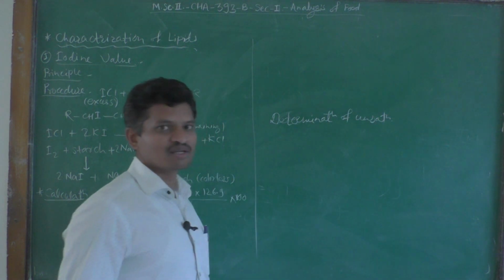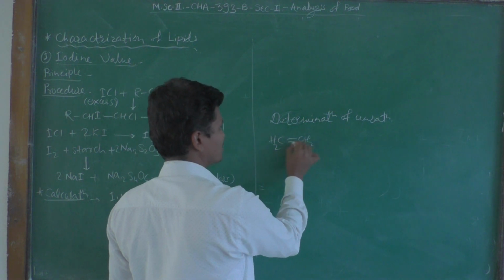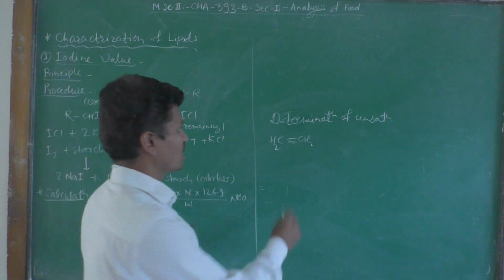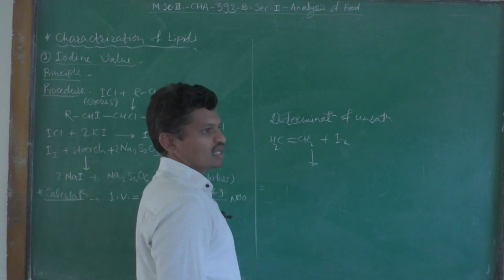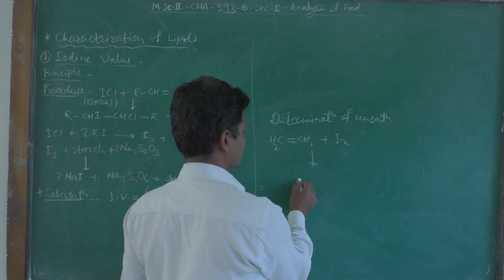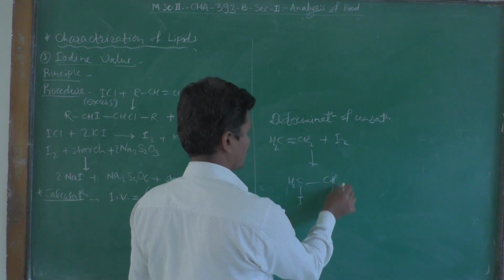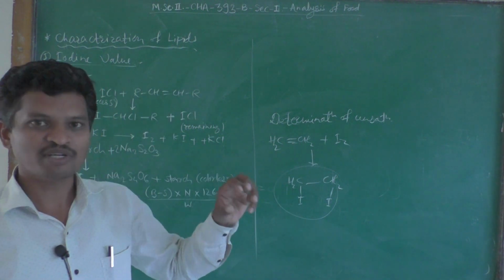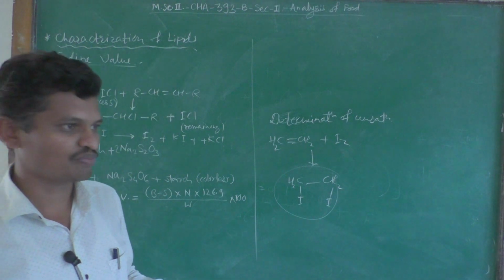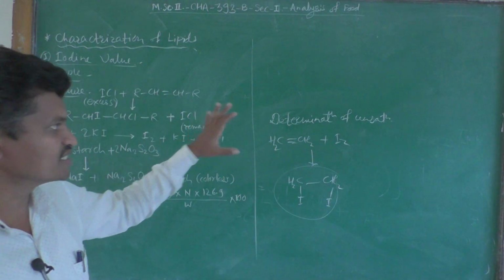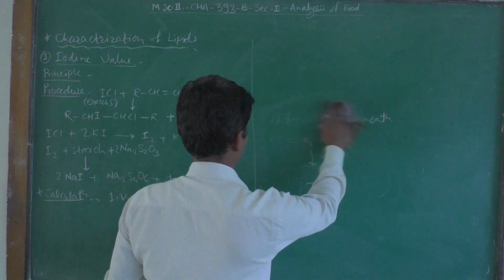In organic qualitative analysis, when we do a reaction with CH2=CH2, whenever there is unsaturation in the molecule and we add the iodine molecule I2, addition of I2 takes place across this carbon-carbon double bond, and we get CH2I-CH2I. So the presence of unsaturation is necessary to add the iodine molecule to this substrate, and this concept is utilized to determine the iodine value in the food sample.